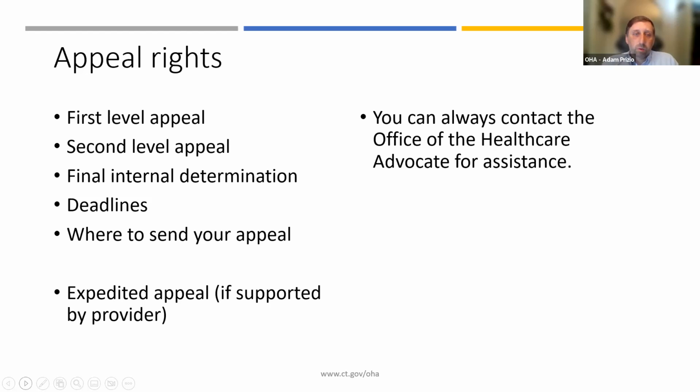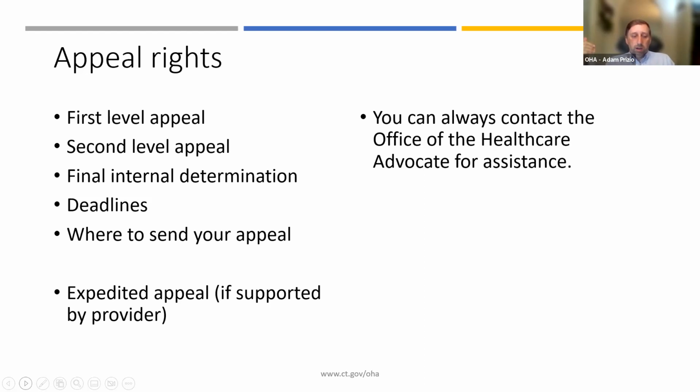For ERISA plans, which are employer sponsored, at that point you have the right to sue the employer, and I don't think a lot of people do that, but that's where you go next after the administrator has washed their hands of the decision.